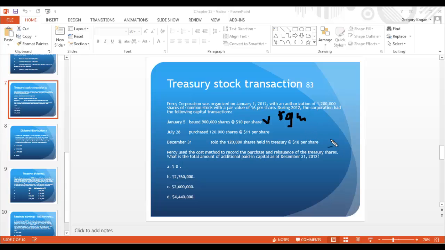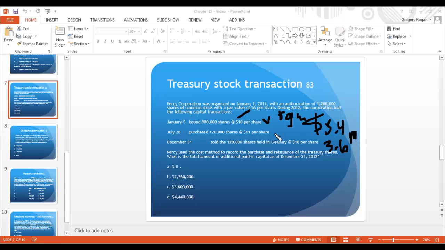Well, we had 5.4 in par, because 6 bucks of every share goes to par, and 4 bucks of every share goes to additional paid in capital. So 4 times 900,000 gives us 3.6. So we start with 3.6 million in additional paid in capital here, right?